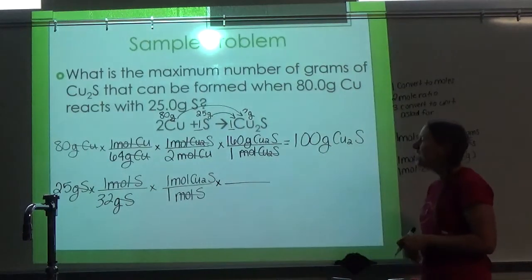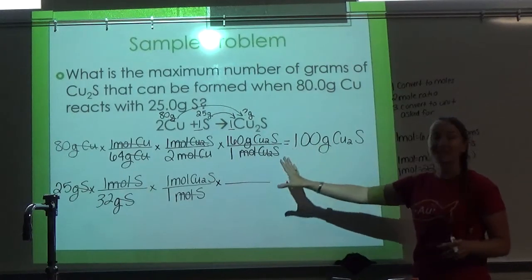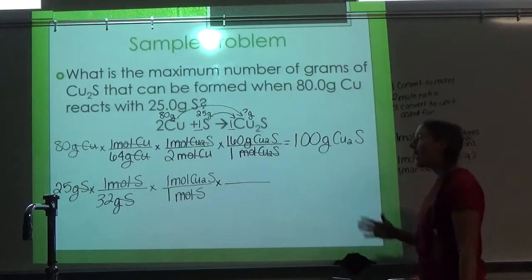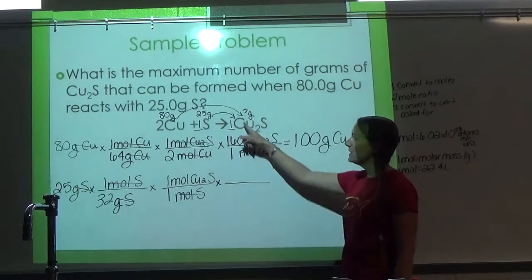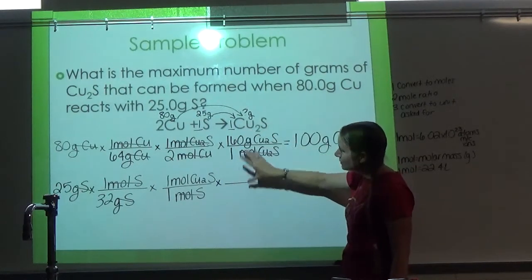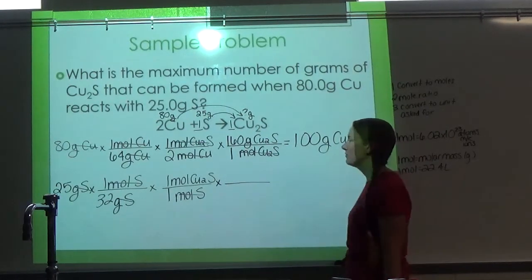Just saying. Alright, so last step is convert to unit asked for. Now I know you're looking at this thinking, oh my God, when is this problem going to end? The answer is never. However, one thing that I can offer you is in a limiting reagent problem, see how we're trying to get to the same product both times? These last 2 steps will be the same. That's the only shortcut I can give you, unfortunately.